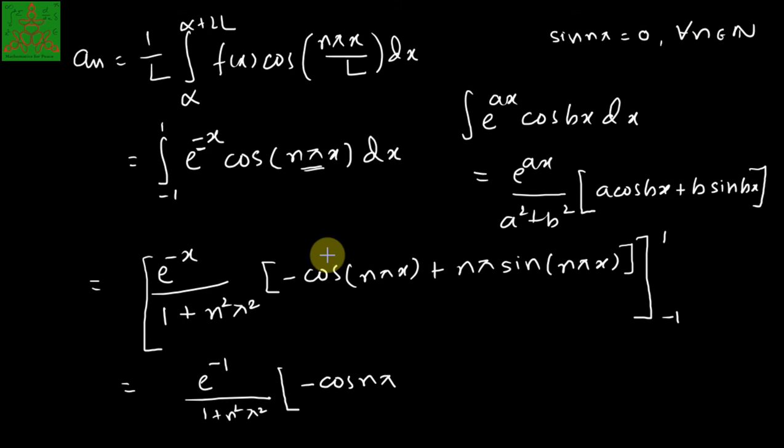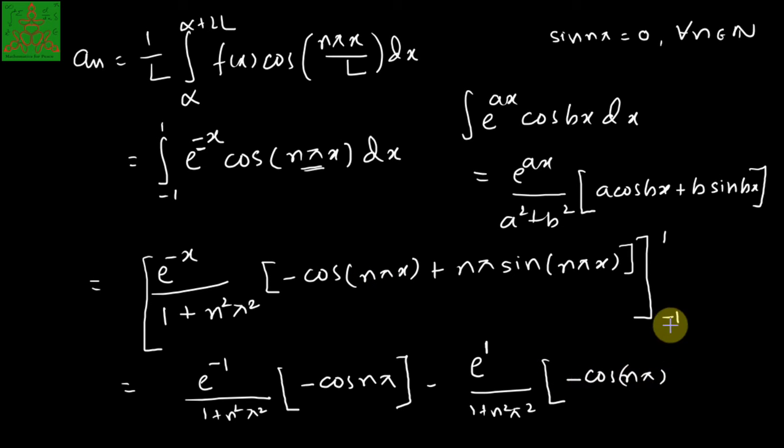When you substitute minus 1 here, then it is e raised to plus 1 upon 1 plus n square pi square. Inside bracket, cos is an even function, so again we'll have minus cos n pi, and sin will again be 0. So the quantity left is this.